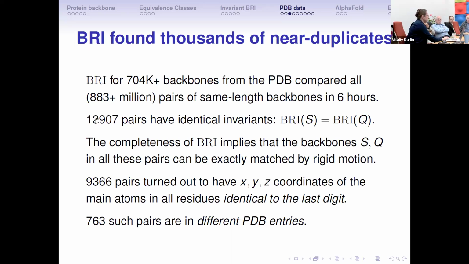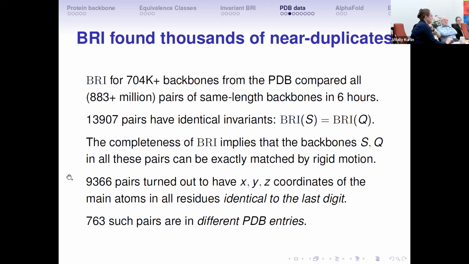It turns out that invariants are identical in 13,000 pairs. And since they are complete invariants, that means that the pairs can be exactly matched by rigid motion. That's exactly the same geometric structure.